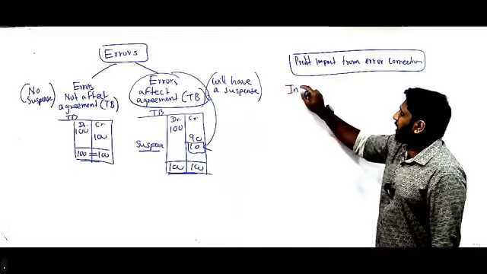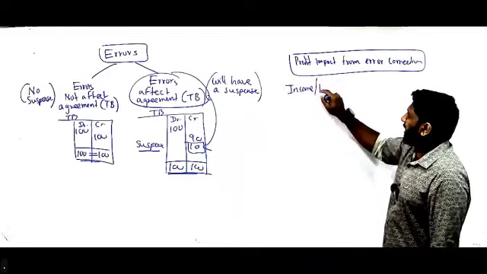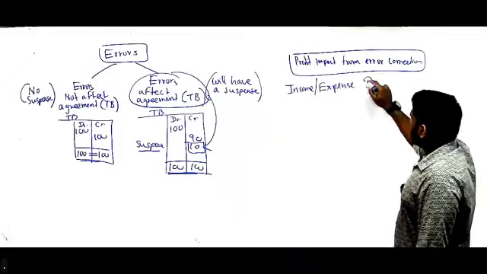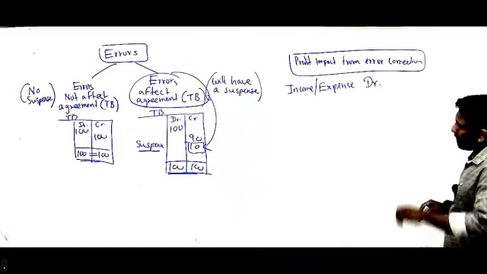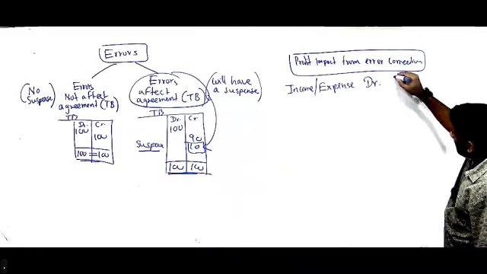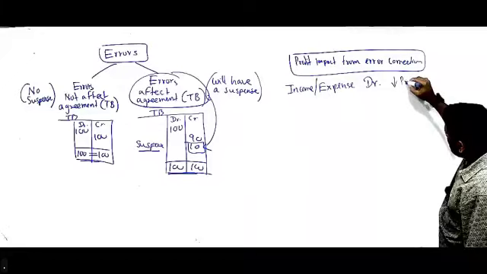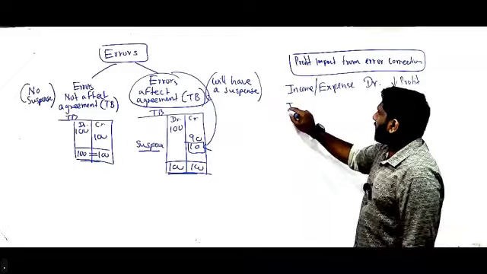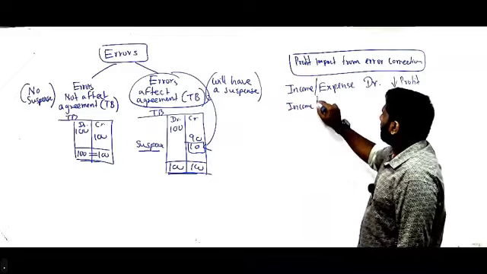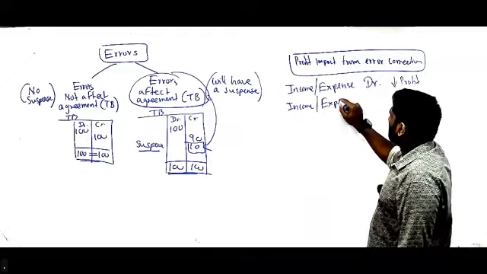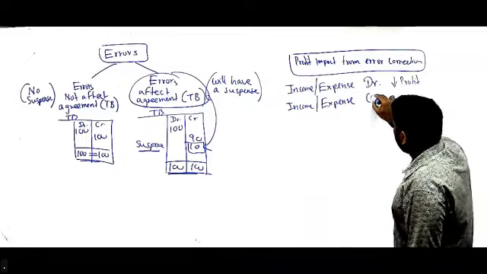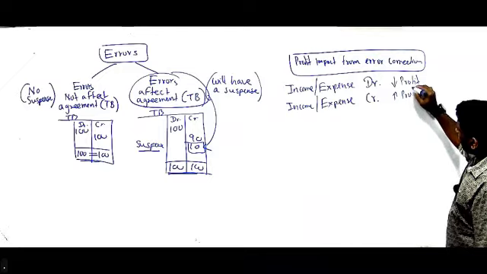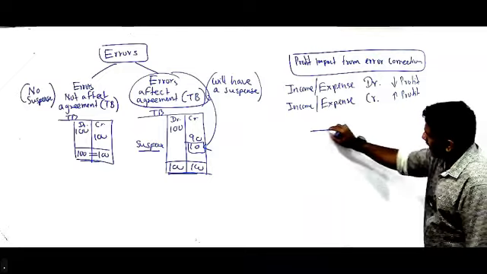Let it be income, let it be expense, I don't care. If it is a debit entry, what do I ask you to do for the profit? I ask you to decrease the profit. Let it be income, let it be expense, I don't care. If it is a credit, what did I ask you to do? Increase the profit.